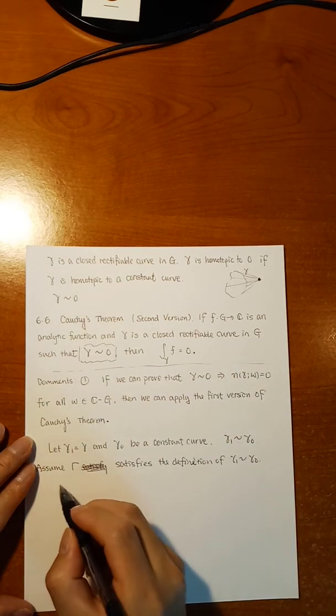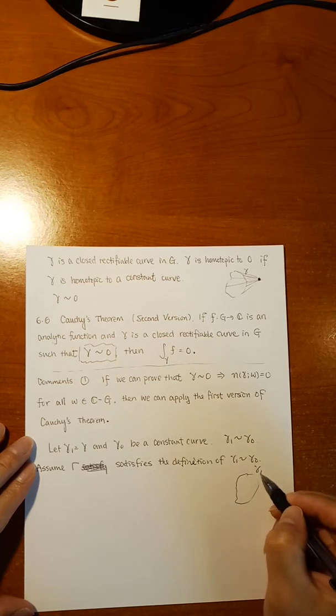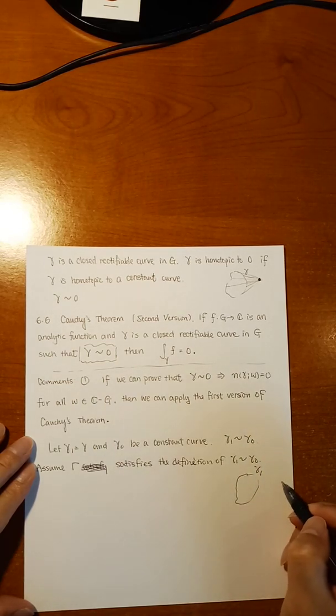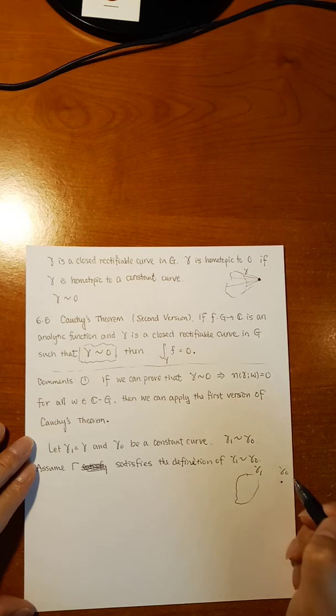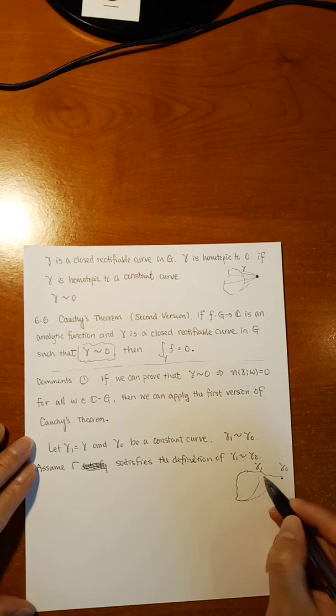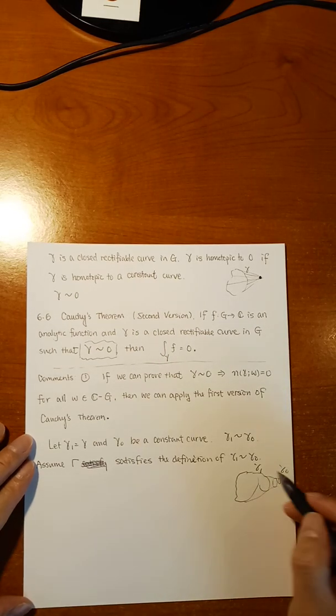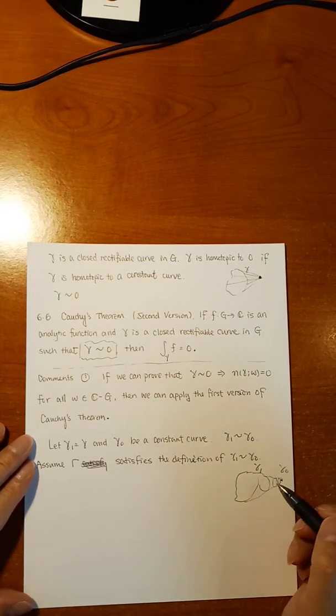So you have a gamma. This is gamma 1. You have a fixed point. This is gamma 0, something like this. Every time you shrink it a little bit, eventually you get a point.